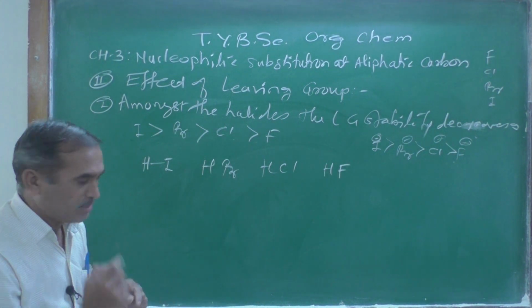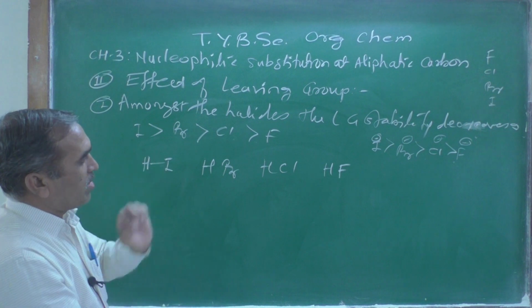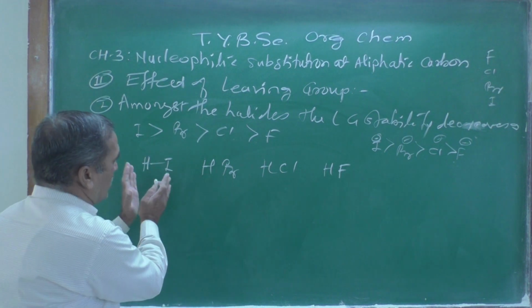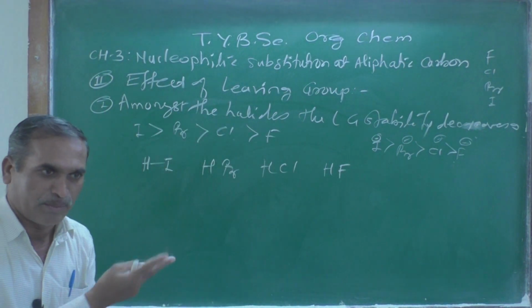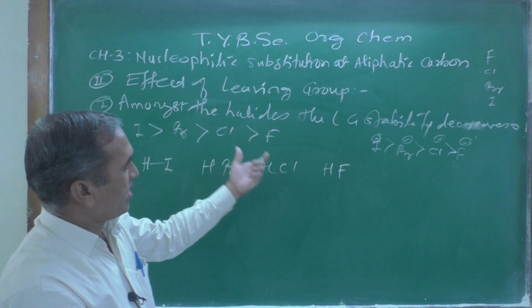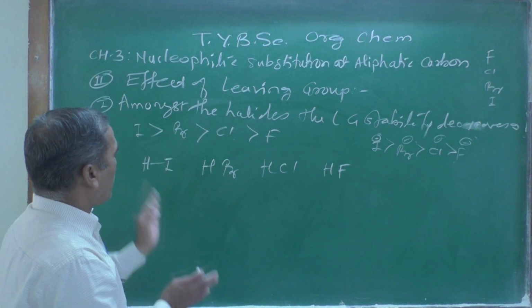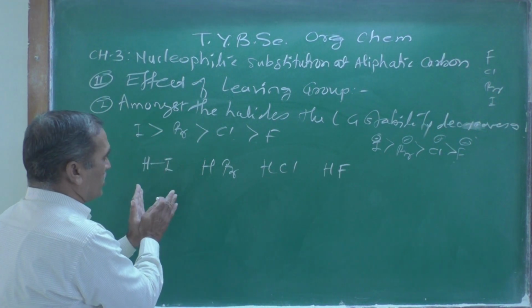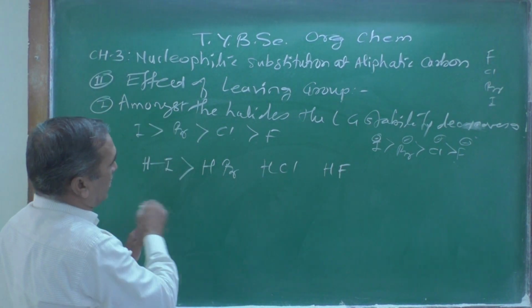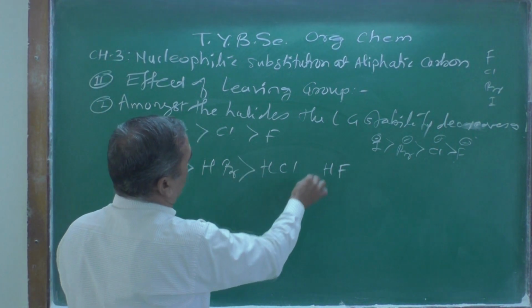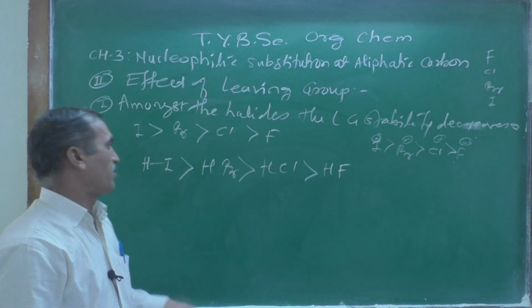And now tell me which one is more acidic in nature, whether HI or HF, and in between these two are hydrogen bromide and hydrogen chloride. Now look here, the acidity decreases in the same manner: HI is the strongest acid, then HBr, then HCl, then HF.